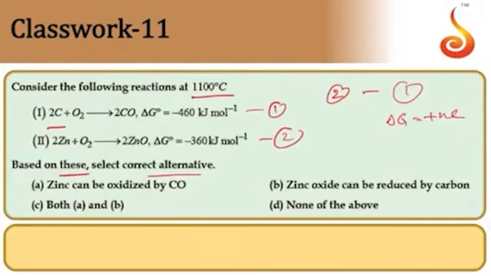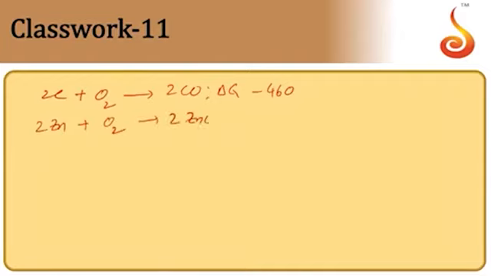Because we have to do equation 1 minus equation 2, I am writing 1 first, then equation 2. Equation 1 is 2C plus O2 giving rise to 2CO, and delta G is given as minus 460. And equation 2, that is 2Zn plus O2 giving rise to 2ZnO, and its delta G value is given as minus 360.